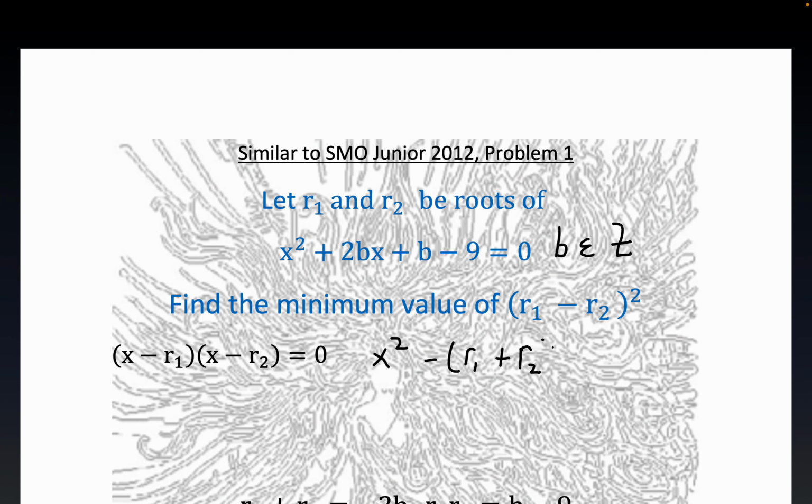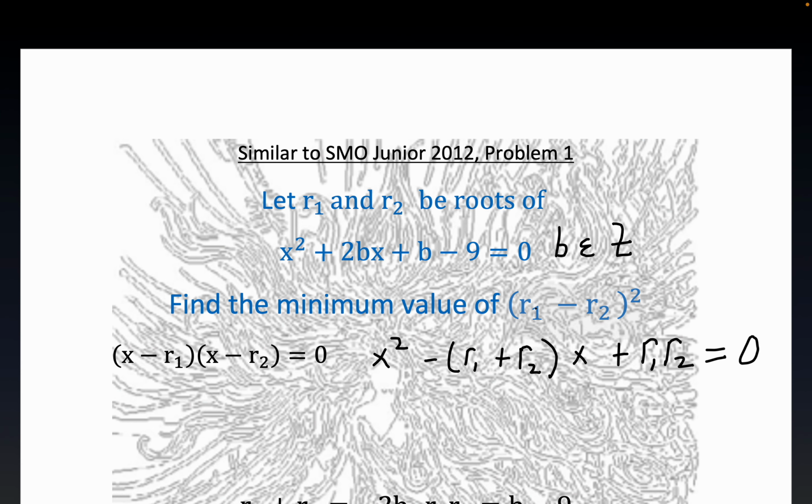Then plus the product of the roots, since the minus signs cancel, is the constant. What's useful about this is that the product of the roots and the sum of the roots is visible as coefficients of this second degree polynomial.